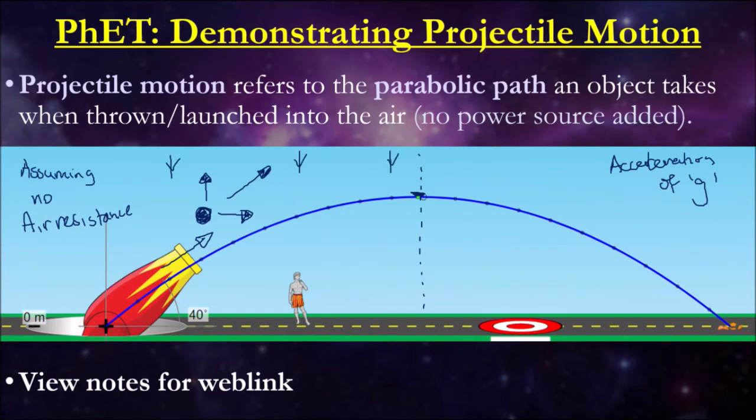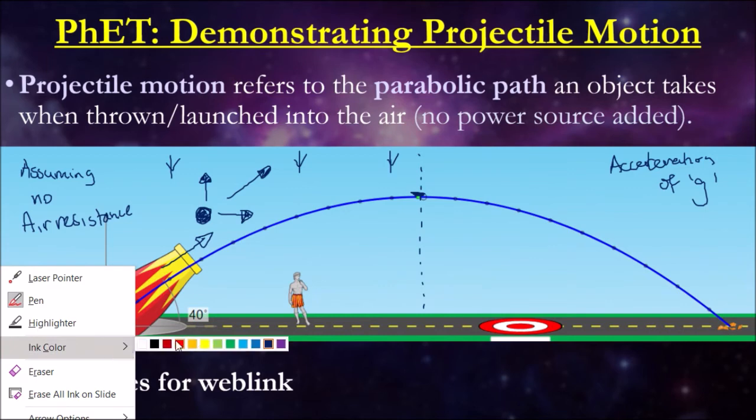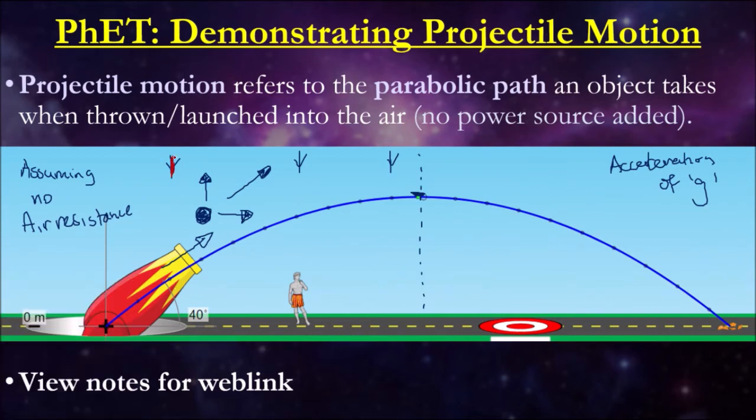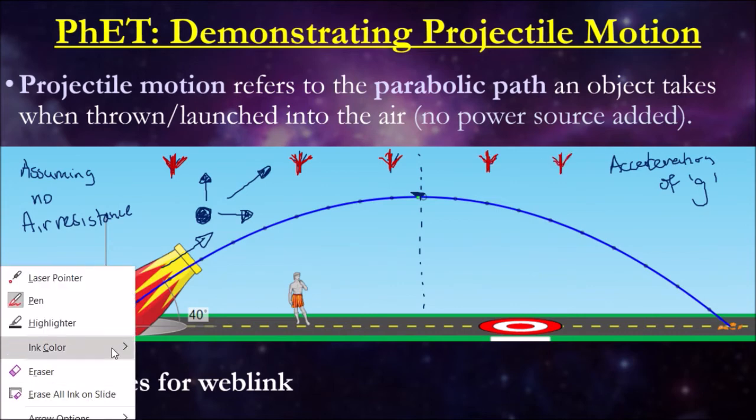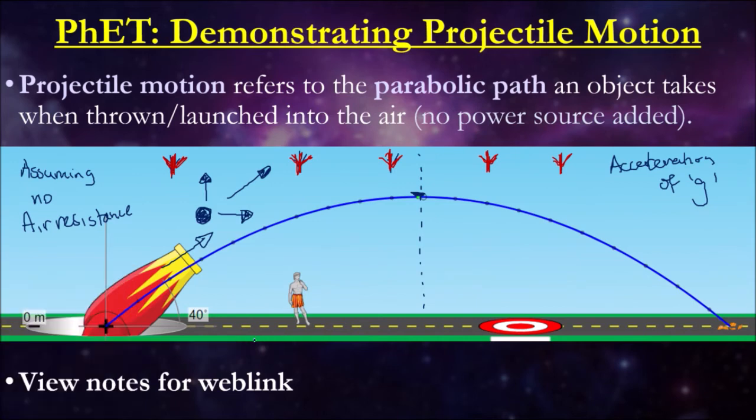I'll do it in a different color just so we don't get confused with it, so we use red. Gravity is acting at the same rate throughout this motion. So if we launched our object upwards, it is going to lose a little bit of speed over time.